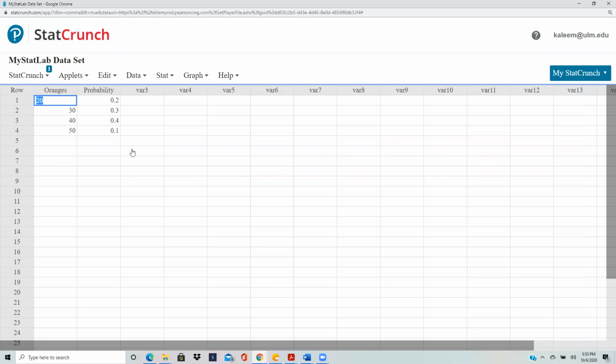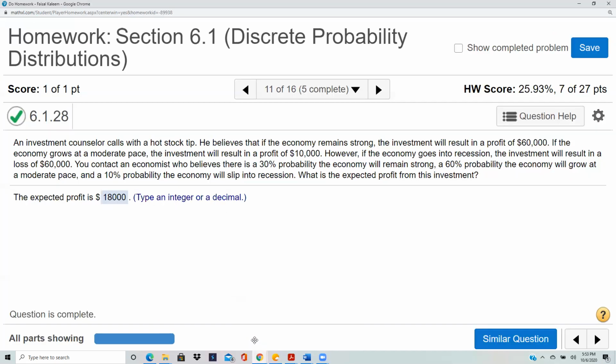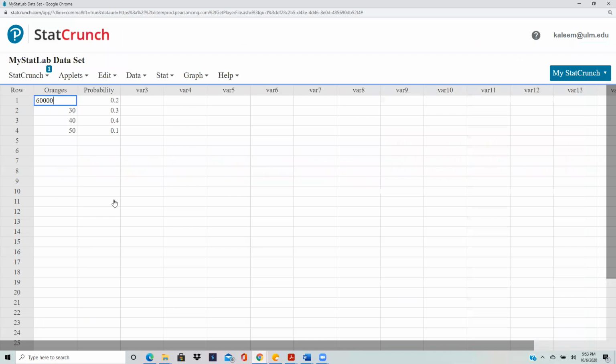I had 60,000, and the probability of that was, that would be when it's a strong economy, so 30% strong economy. So I will do 0.3 here for 30%.